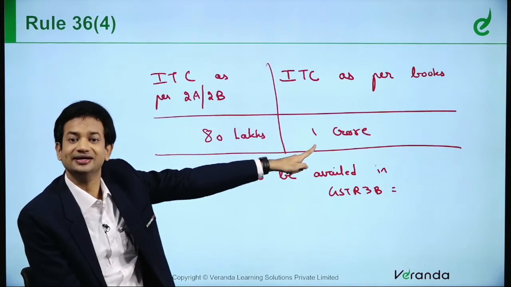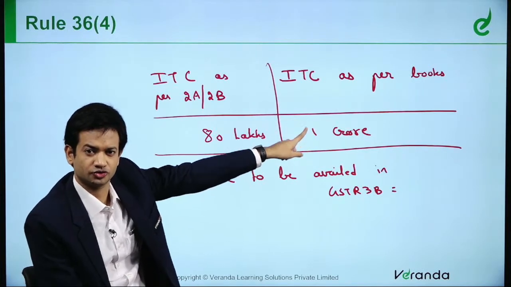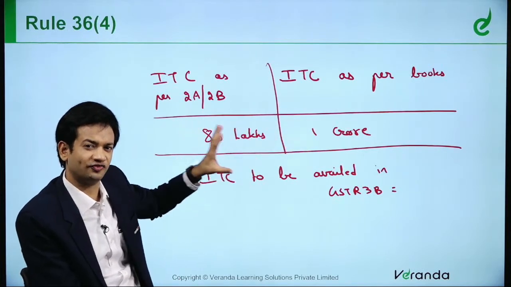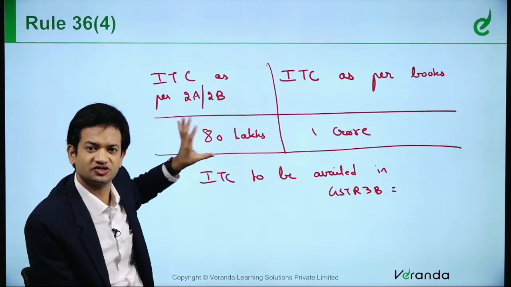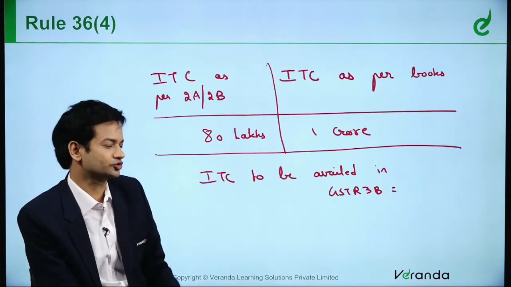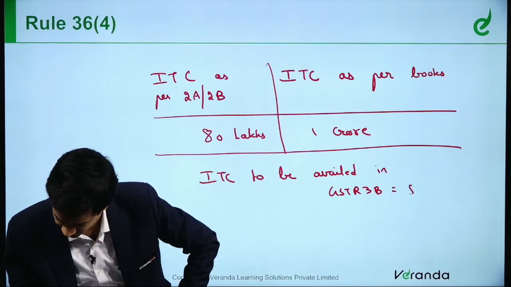I cannot take my entire credit as per the books of accounts. So to the extent of eligible credit reflecting in my 2A and 2B, plus 5%, only that I can take. So here, if you see, I can claim only 84 lakhs.